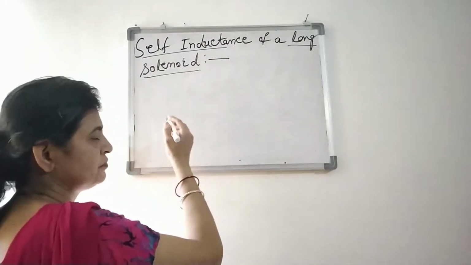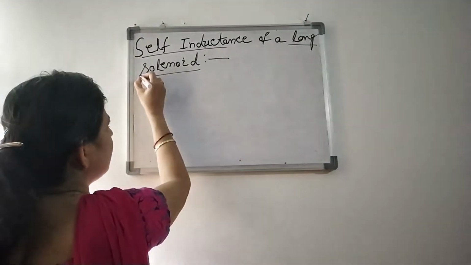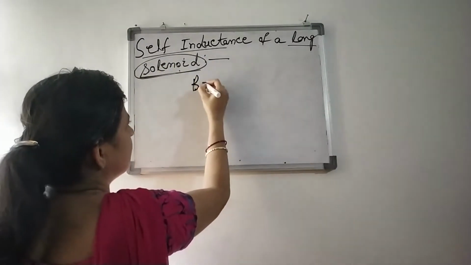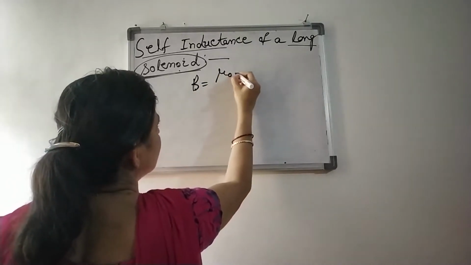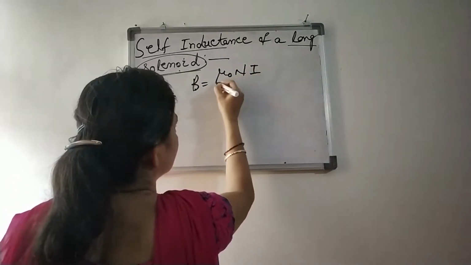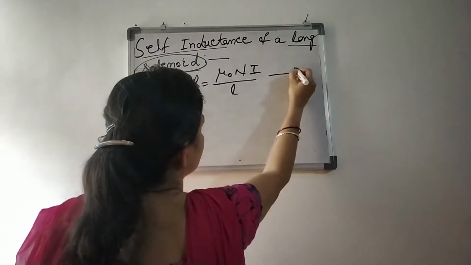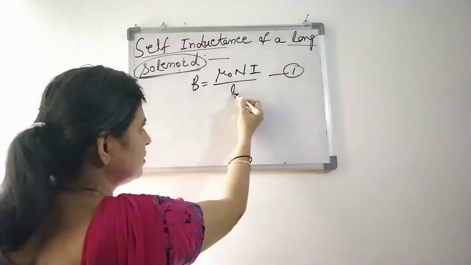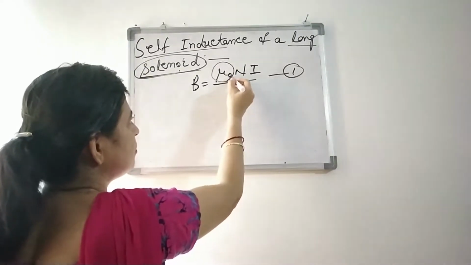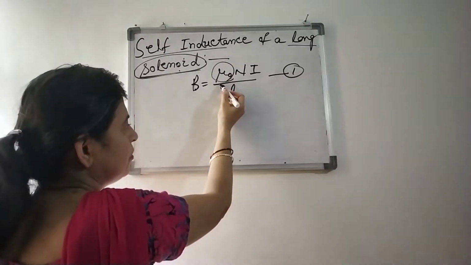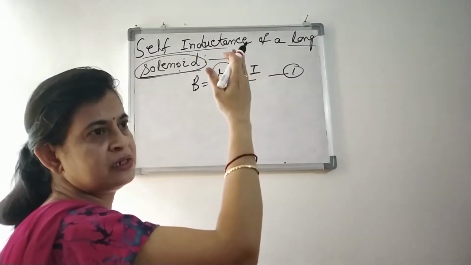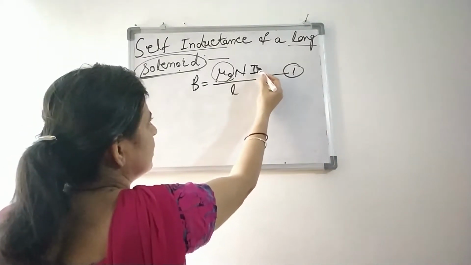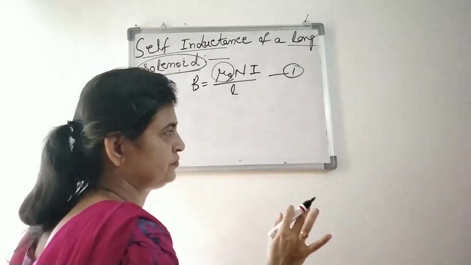According to Ampere's law, we know the magnetic field due to a solenoid is B equal to mu naught N I divided by L, where L is the length of the solenoid. What is mu naught? Mu naught is the absolute magnetic permeability of free space or air. I is the amount of current.